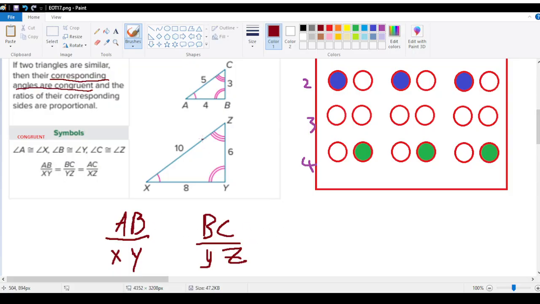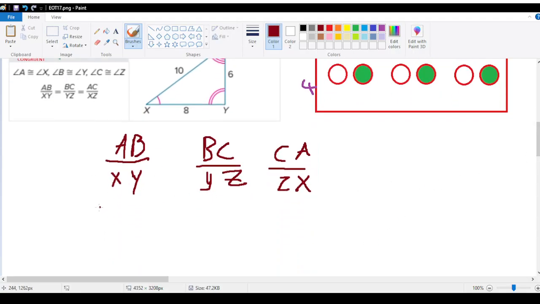We talked about AB, we talked about BC. Now we should talk about CA. What is the corresponding for CA? Z and X. That's correct. Fine. Now look, Shamsa, when we found this one, it was 0.5, right?